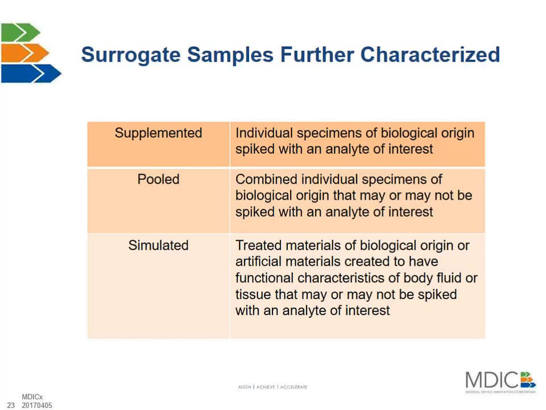The second is pooled, combined individual specimens of biological origin that may or may not be spiked with an analyte. And then the third is simulated, which means treated materials of biological origin, or it also means artificial materials created to have functional characteristics of a body fluid or tissue that may or may not be spiked with an analyte of interest.